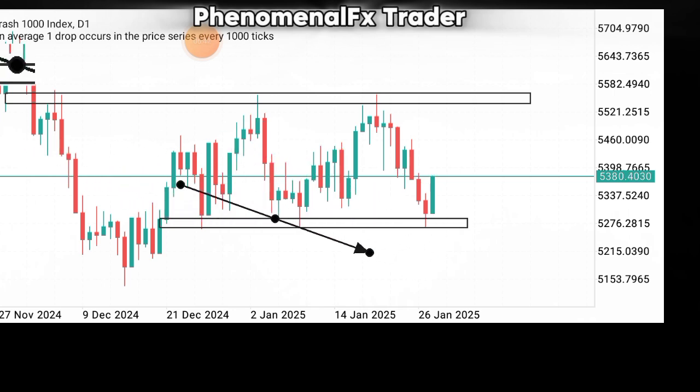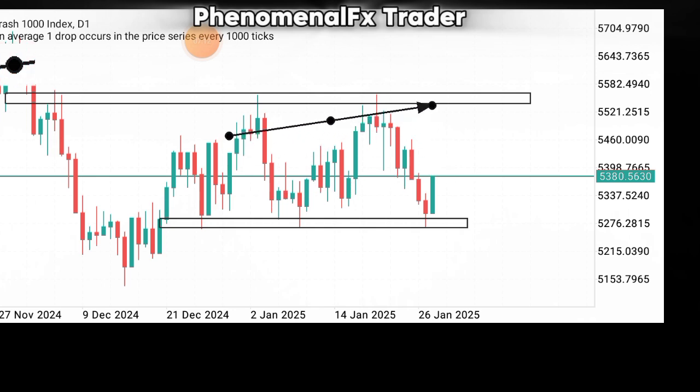The same thing is applicable here on this resistance zone. If the market buys to this zone, then on getting to this zone, you notice that on your MACD there is a lower high. Meaning here the market is creating, let's say, an equal high or a higher high, then it creates a lower high here on your MACD. Trust me, the market would want to sell.